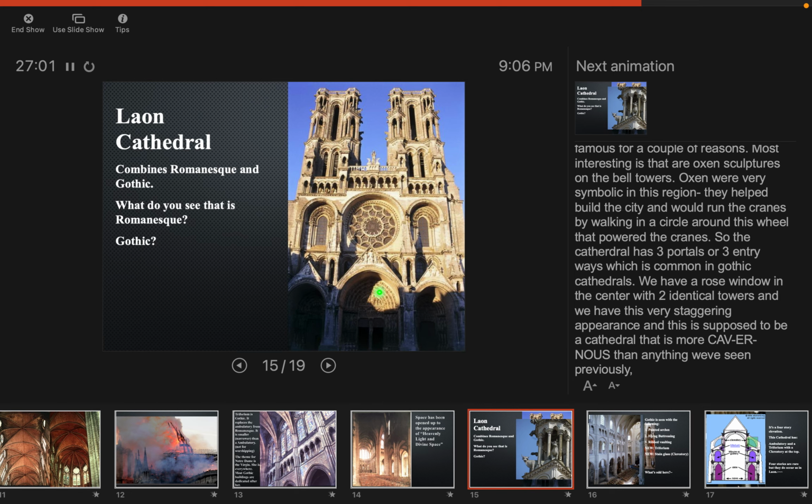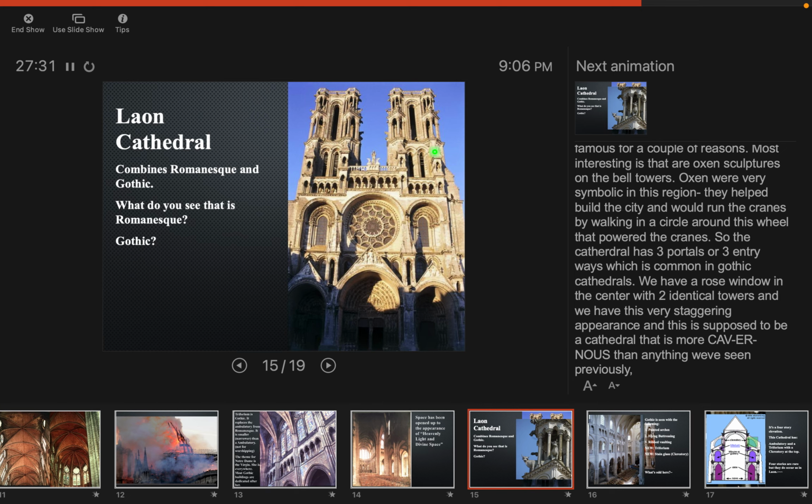Remember we had tympanums, which were these scenes above the doorways. That is reminiscent of the Romanesque style. And even here at the top, we have scenes. We have a rose window in the center, and two identical towers.